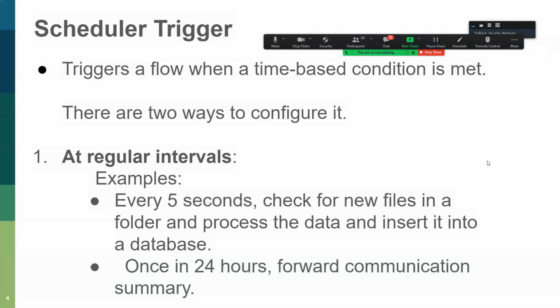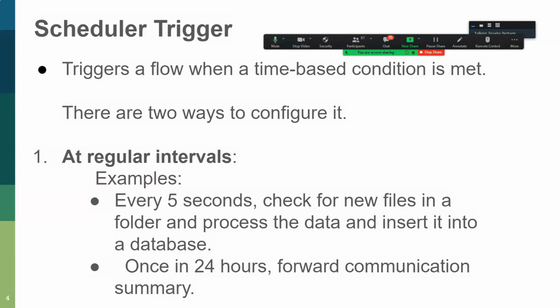Another example could be once in 24 hours, forward a communication summary. For example, there are different blogs that I subscribe to, like RStudio, Python, and so on, and people ask different questions there, and I don't want every question to come to my email every time someone asks a question.